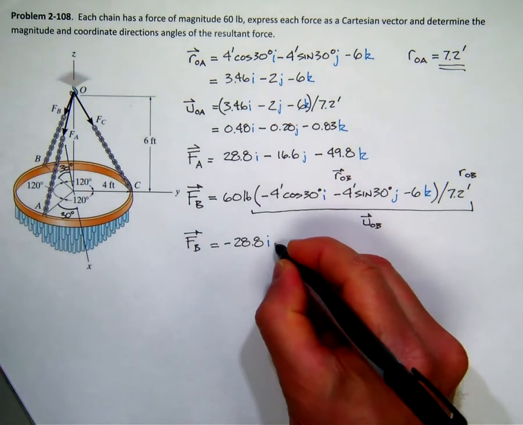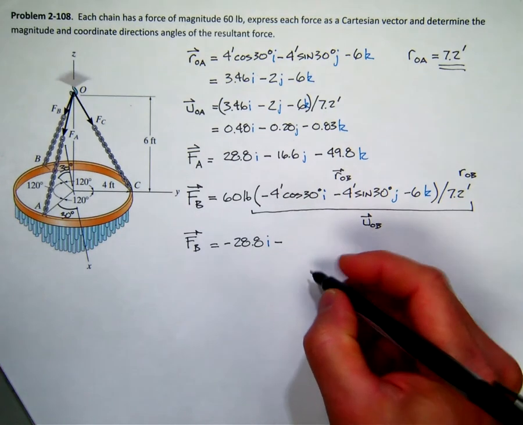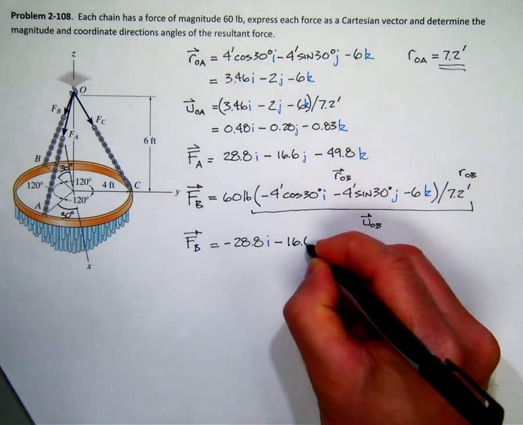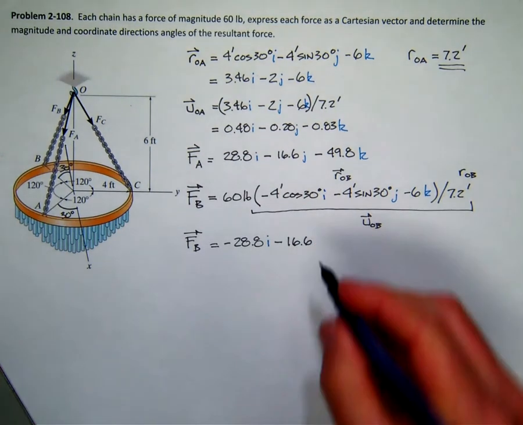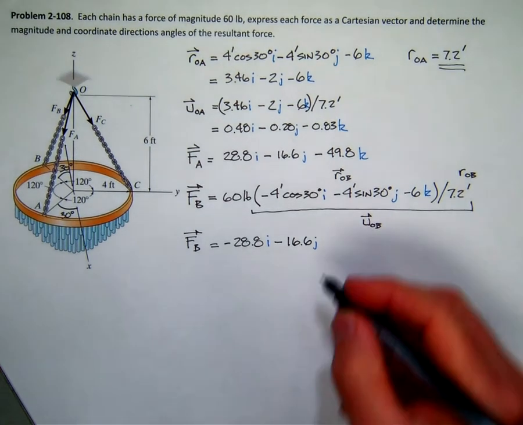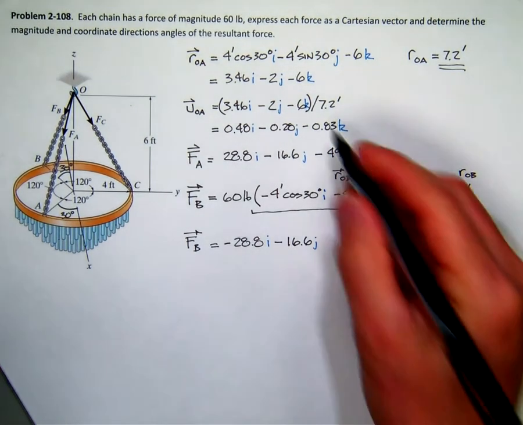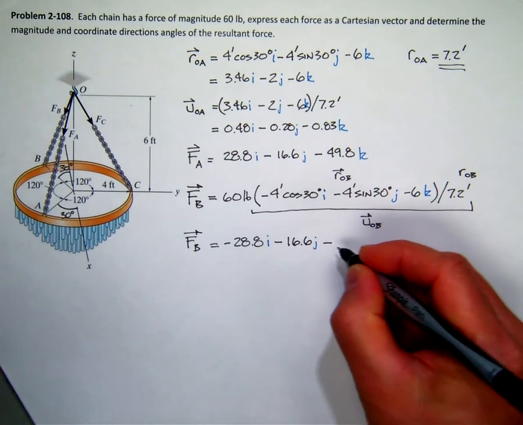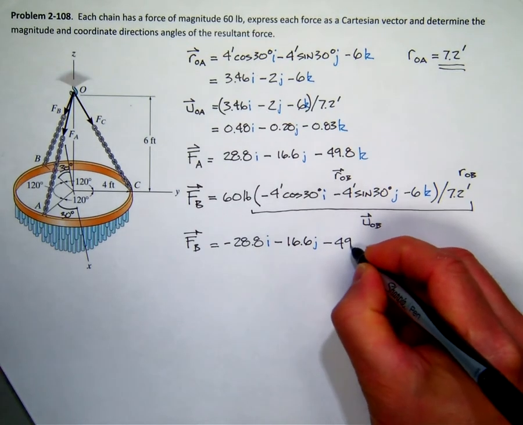And I'm hoping that the Y component will come out to also be 16.6 as before. And that should be in the J. And then our K component has the same values as before, and it's also negative 49.8.